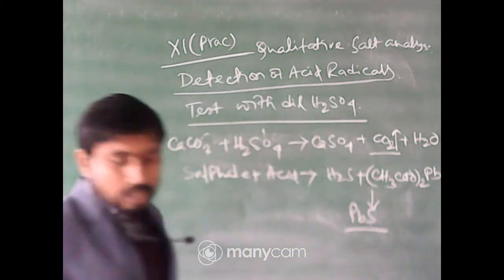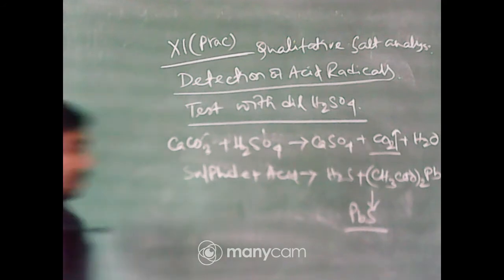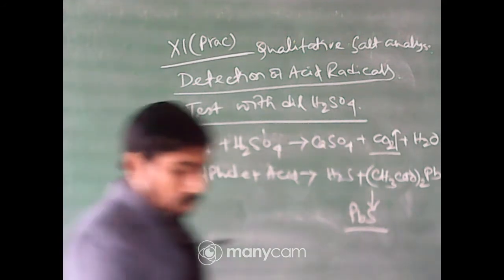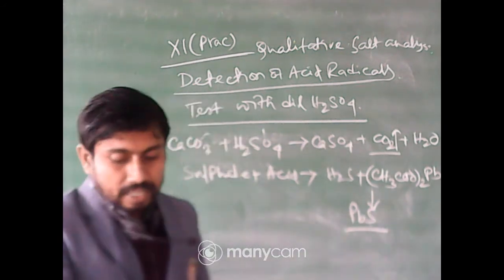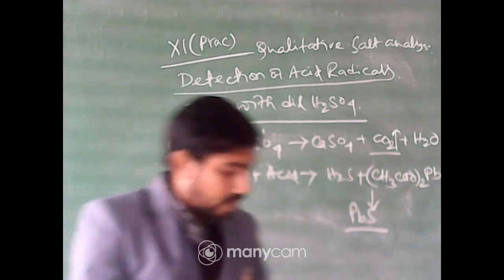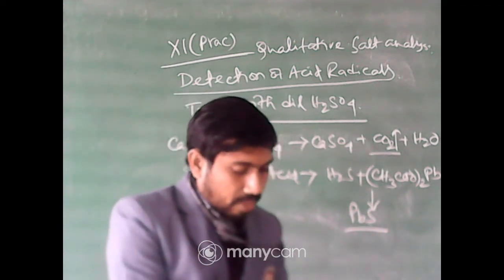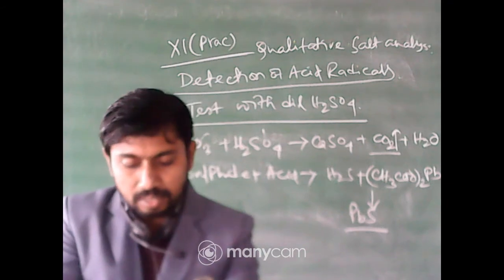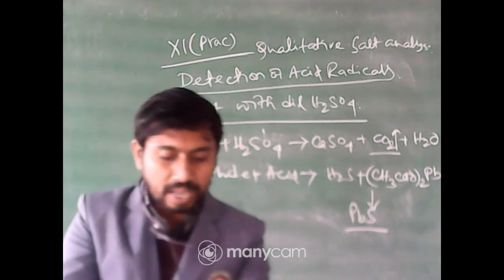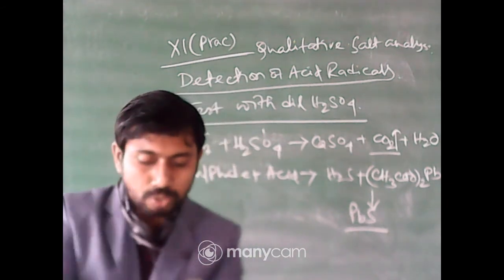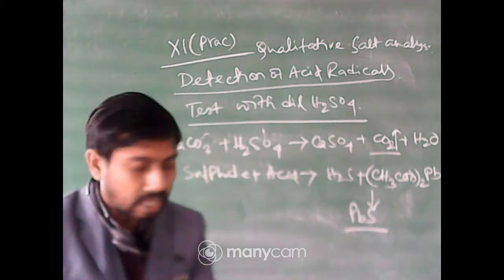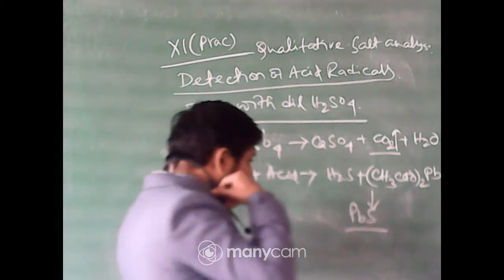Now I will show you the black precipitate of that salt. For this I will take one sulphide sample, then I will add one mineral acid just to produce hydrogen sulphide gas.